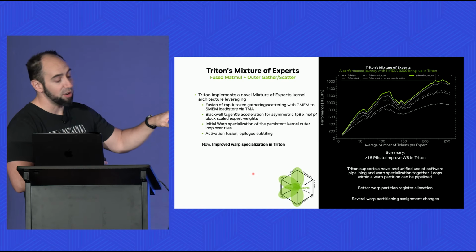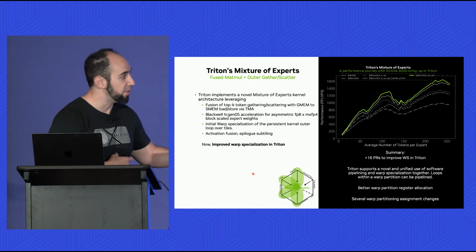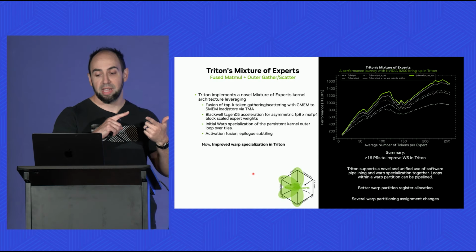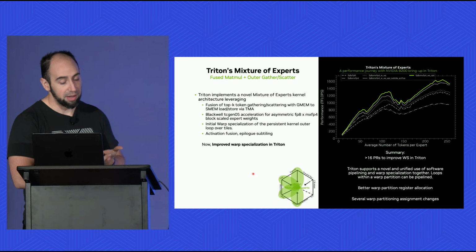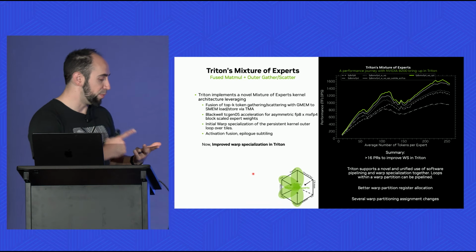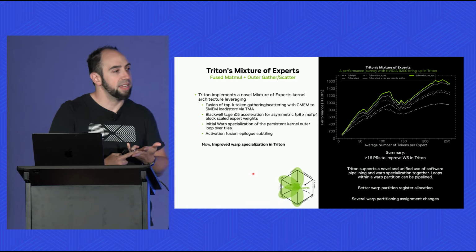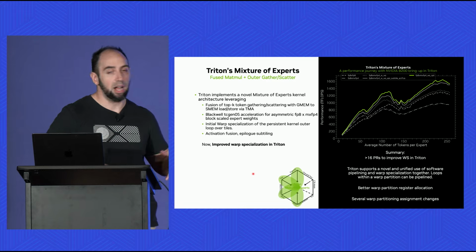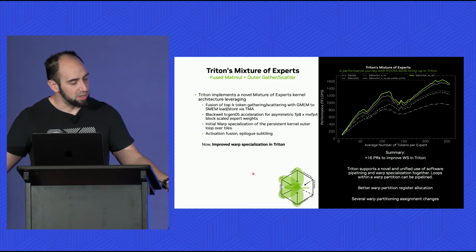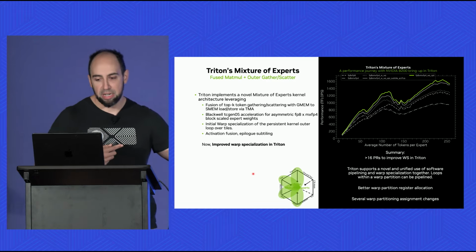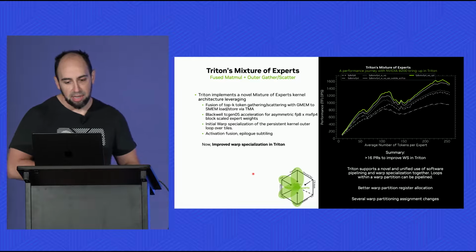All of those PRs are improving the warp specialization. Some improve the partitioning, and some improve the partitioning and also the register allocation in each partition, which is going to help with long scoreboard stalls, so you're not stalling on registers that you need in order to perform your operations.